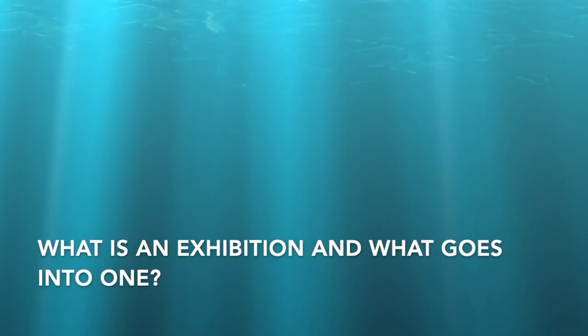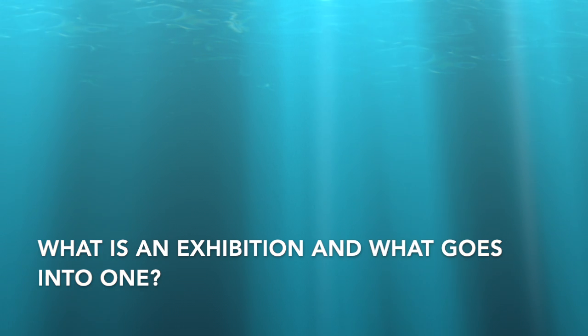Okay, can you explain a little bit about what an exhibition is and kind of what goes into it? So think of an exhibition as really a multi-dimensional research paper. You've written research papers before where you have to write out your thoughts and you have reasons for this, and this is why you think that.